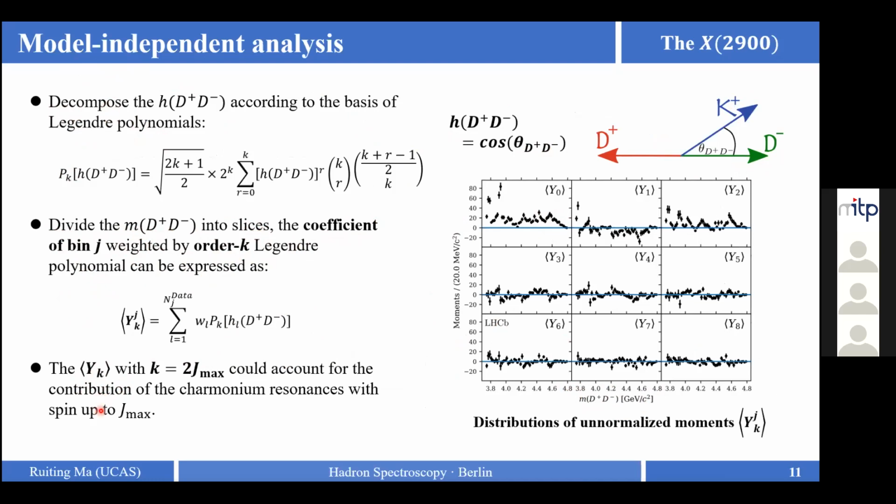The distributions of the Legendre weighted total amplitude, Y_K, with K equal to 2J, could account for the contributions of the charmonium resonance with spin up to J_max. This picture shows the distributions of the unnormalized moments with K up to 8. We can see that the Y_K with K larger than 4 are almost flat, meaning the contributions from charmonium states with spin larger than 2 would be limited.